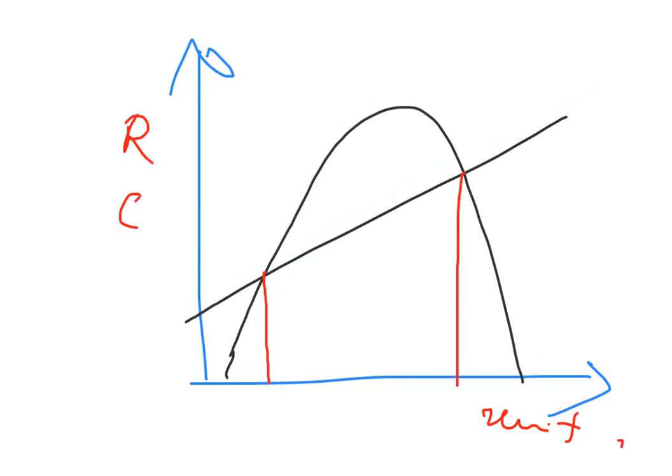So this amount is the break-even point's x value. That means at the break-even point, the number of units that we produce and sell. And on the y-axis we can find out the revenue and cost also. Both are similar.